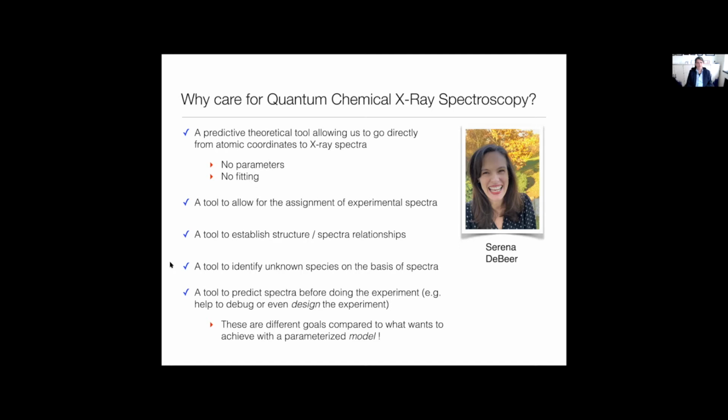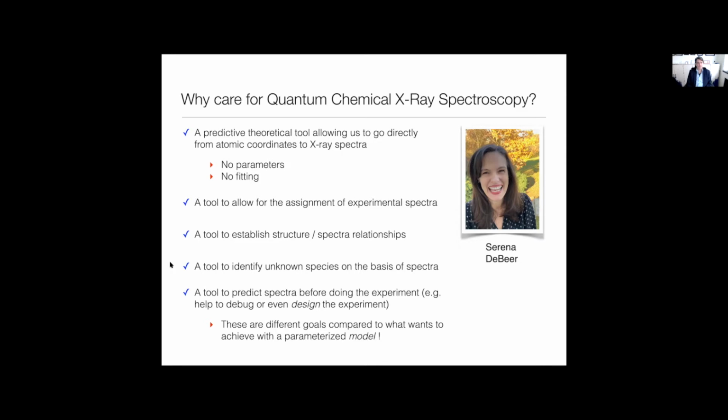So when you ask yourself what in the structure is important for what spectral features, then of course you can ask quantum chemistry on model calculations. You can change the structure and can see how the calculated spectra react. So it's an incredibly powerful tool in order to give you insight into what structural details the observed spectra are sensitive to.